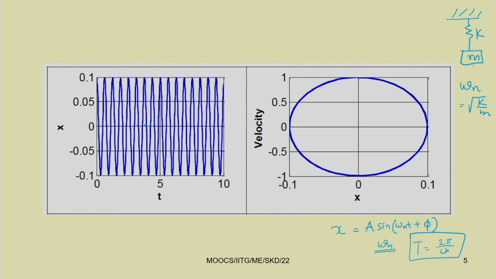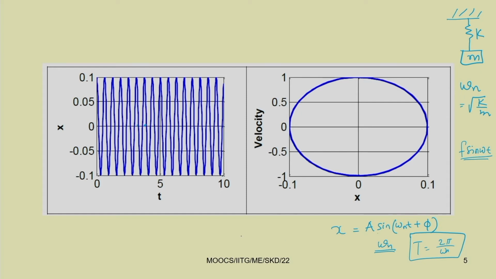You also know that the system may be excited by a force, for example F sin omega t, and let us have the damping also in this system. If there is no damping, when it is excited with a force F sin omega t, the response will contain two frequencies.